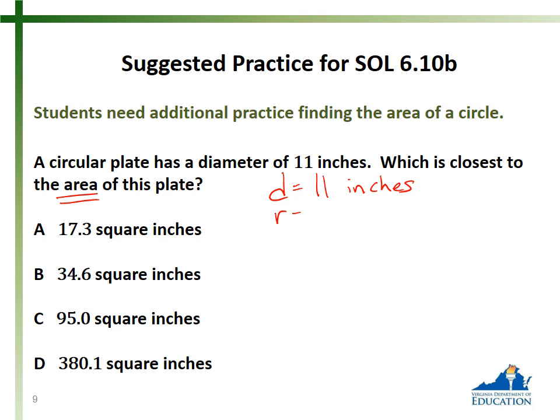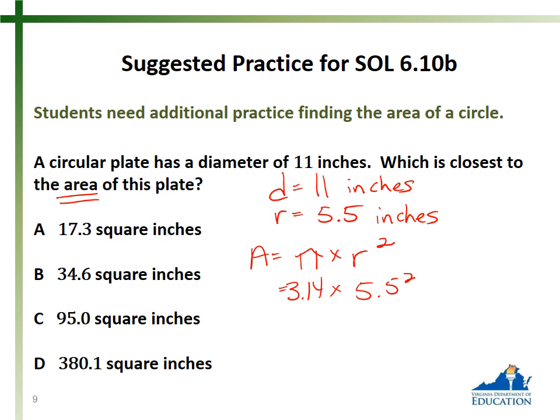And so we can figure out the radius to be half of the diameter, which is the same as 5.5 inches. And let's go ahead and use our area equation. Area equals pi times radius squared. And so in order to do this problem, we can do radius squared, so 5.5 squared times 3.14 to figure out the area.